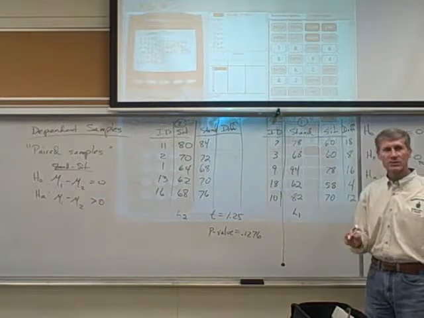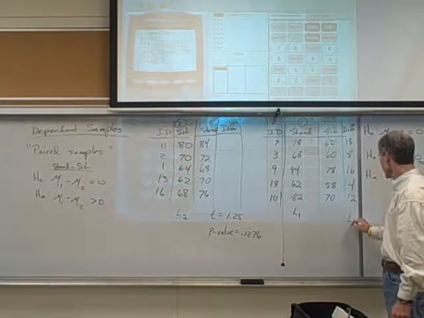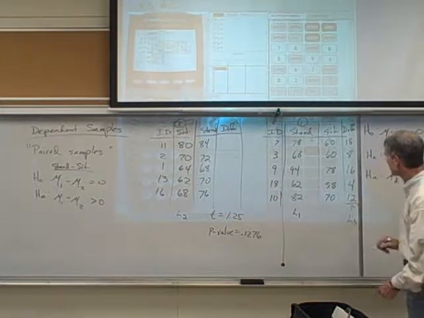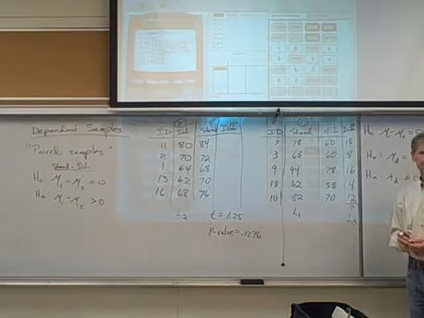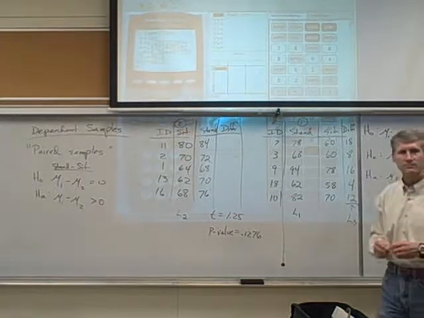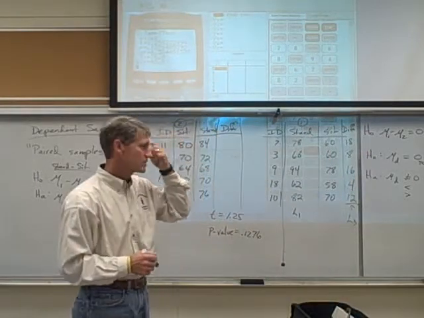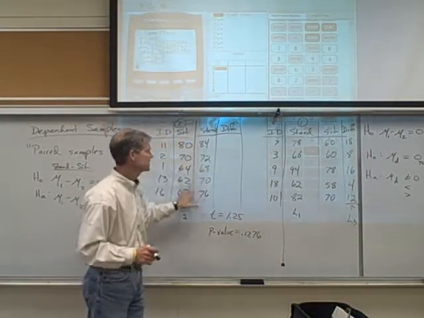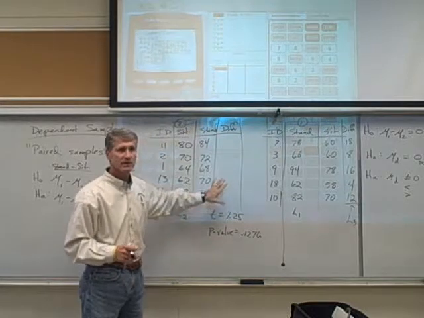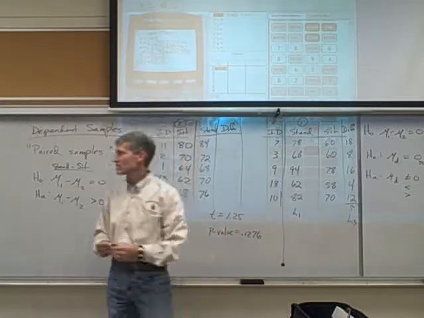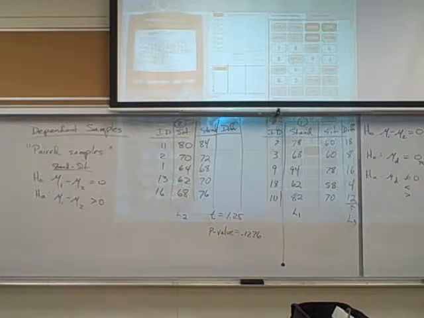Now what I want you to do is enter those 5 numbers into L3. Just those 5. We'll worry about these differences in a minute. But for now, just put those 5 differences into L3. And I will do the same.